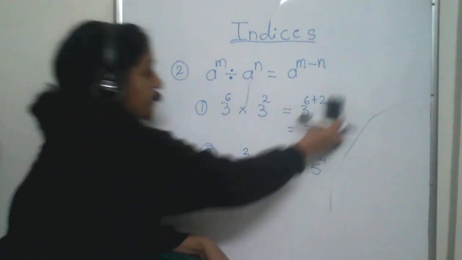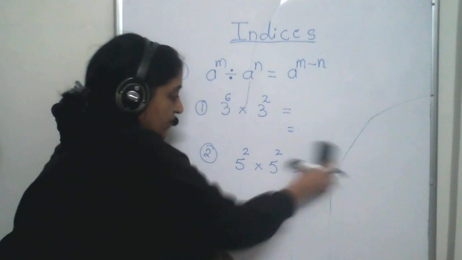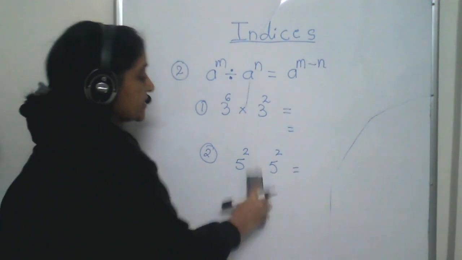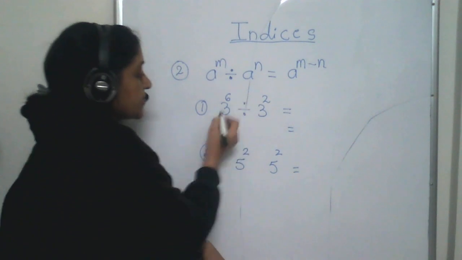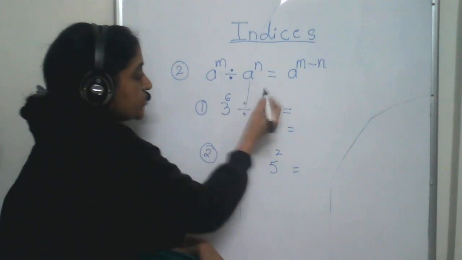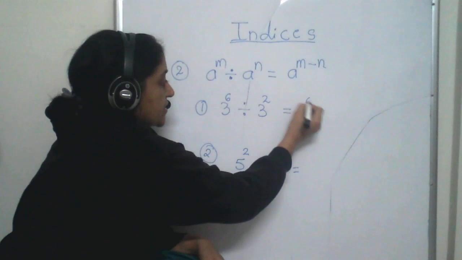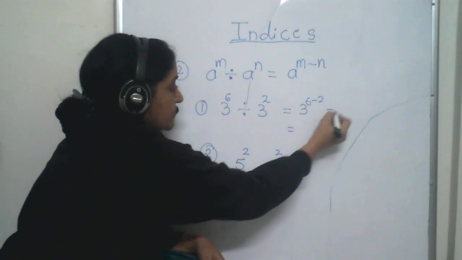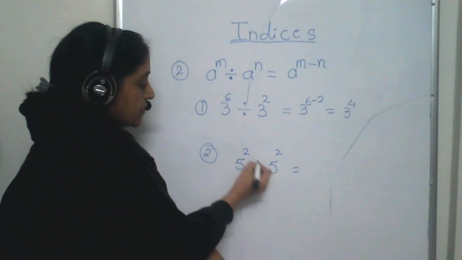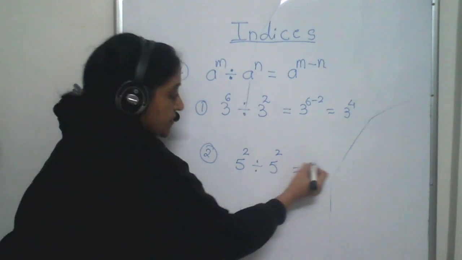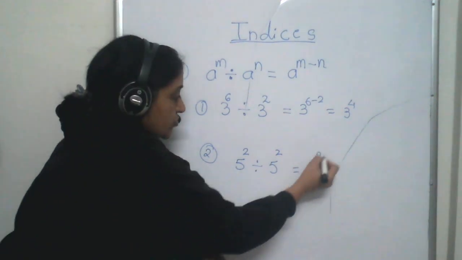Now if that happens with these two same examples, what will be the result? Let us see. If it is 3 to the power 6 divided by 3 to the power 2, then it is 3 to the power 6 minus 2, that means 3 to the power 4. Now over here both are equal exponents, 2 minus 2.